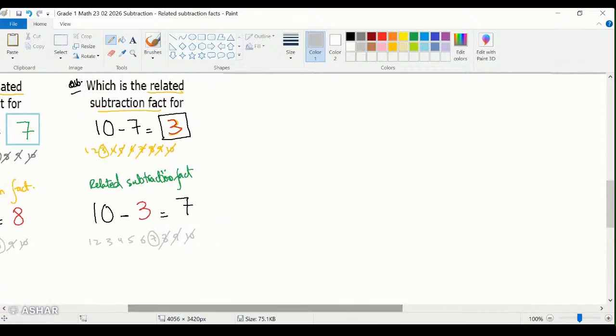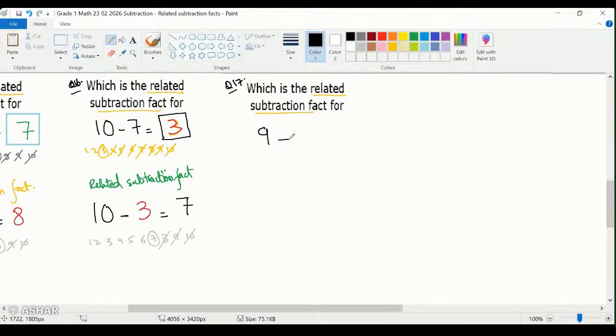One more question. After that, we do the test. Okay. Question number 17. We need to find the related subtraction facts for 9 minus 5 would be equal to a missing number.